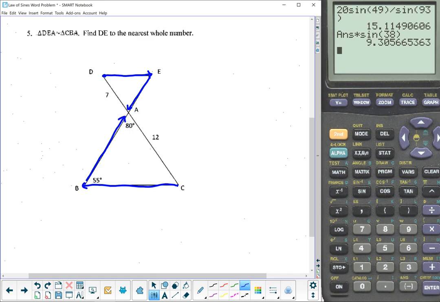So that means that if they're going in the same order, 55 is angle B, 55 is the same as angle E, 55. And that's the only thing that you need to know, because in that order, those two angles match up.